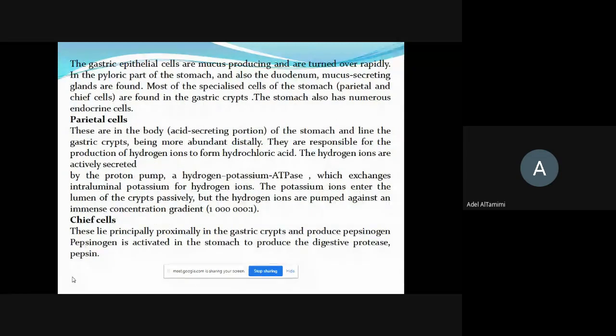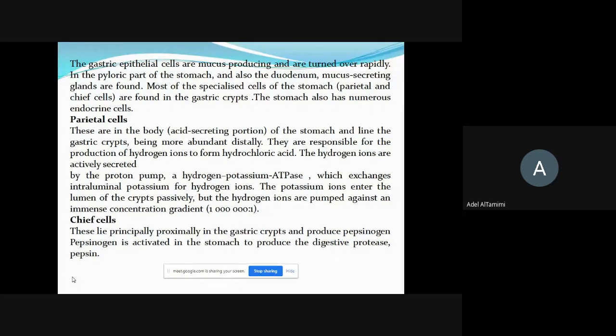Let us discuss a review of the histology of the stomach in order to know the function of the stomach in an accurate fashion. The gastric epithelial cells are mucus producing, and they are rapidly turned over daily.